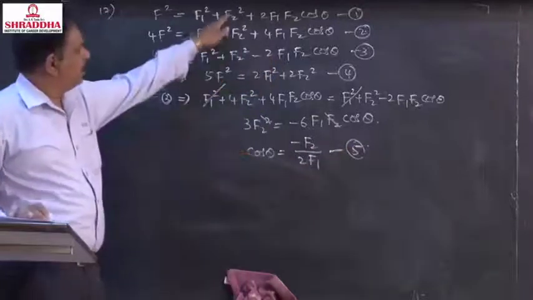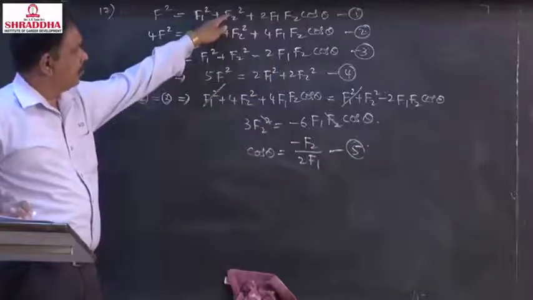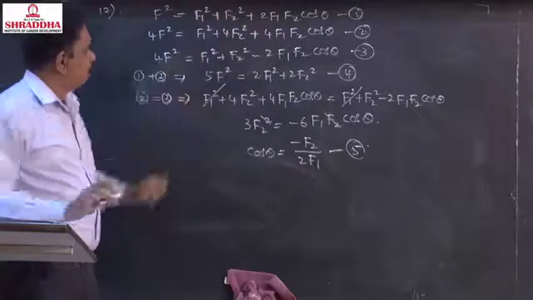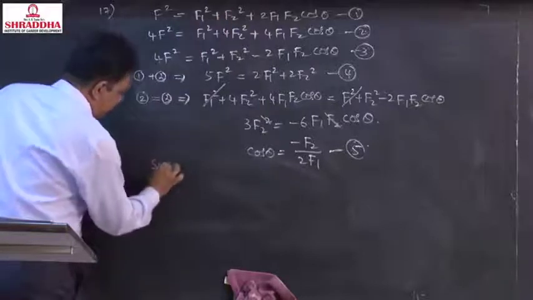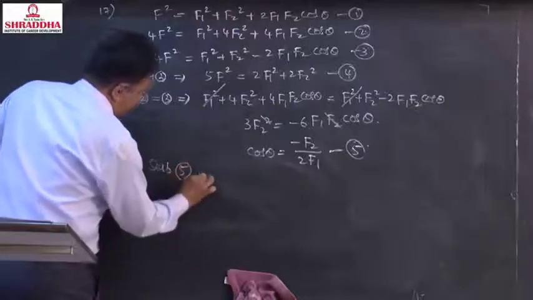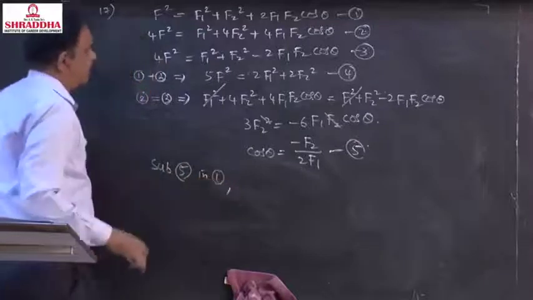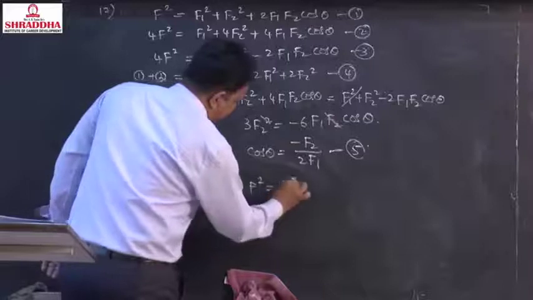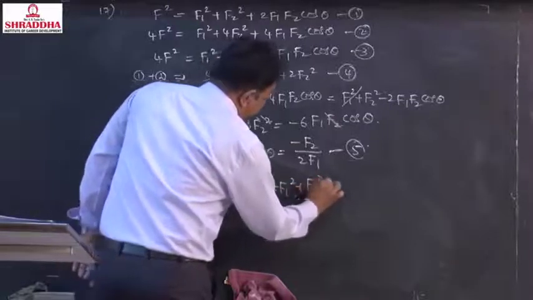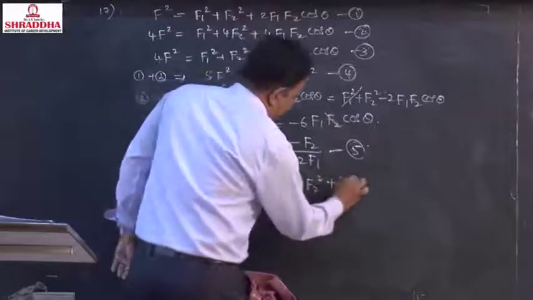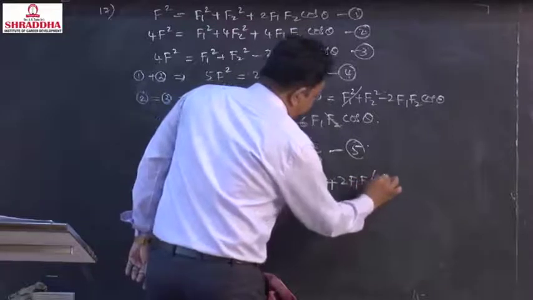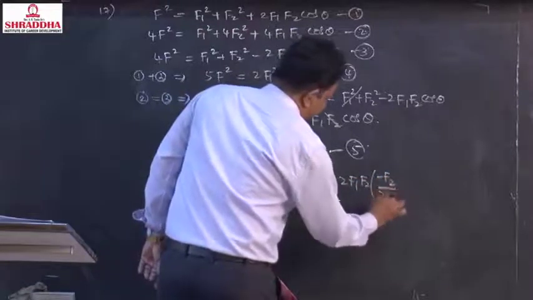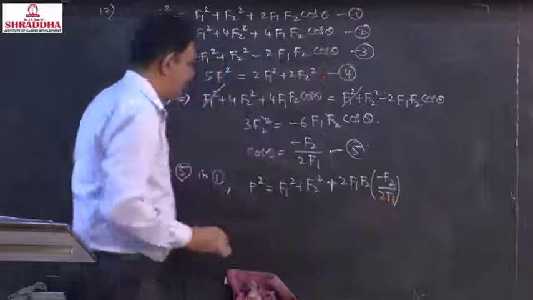This equation 5 value I am substituting in 1. Substituting 5 in 1, what we will get, F square is equal to F1 square plus F2 square plus 2F1 F2 into minus F2 by 2F1.